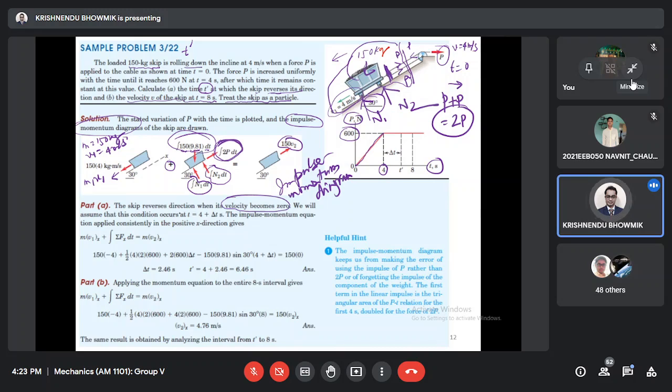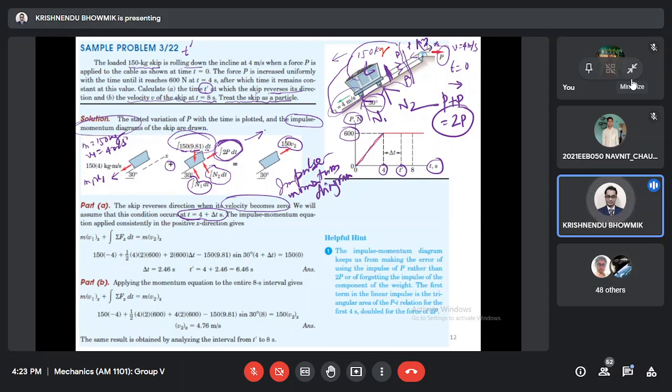We will assume that condition. t prime is 4 plus delta t. The impulse momentum diagram is applied in the x direction. Which is x? Here it is x and this is y, with the inclination, it is x. I told you x does not mean it is horizontal, it may be inclined.